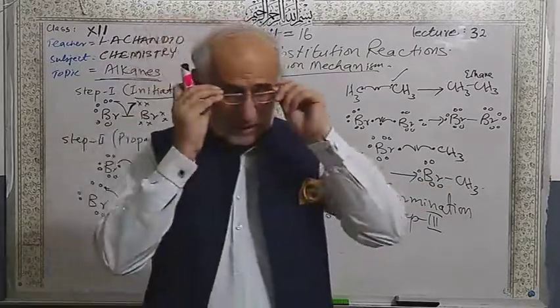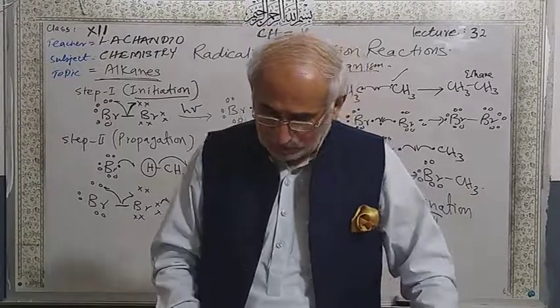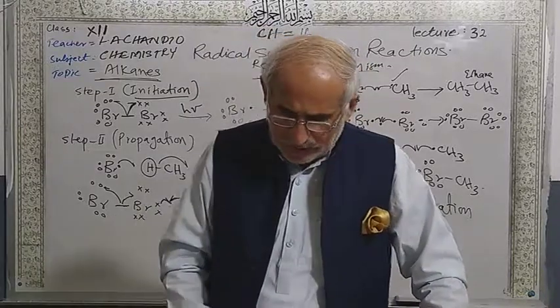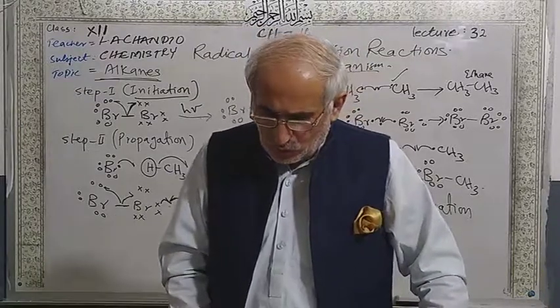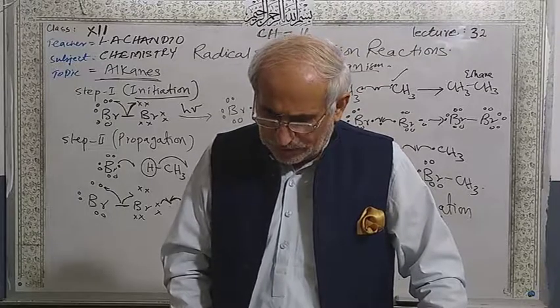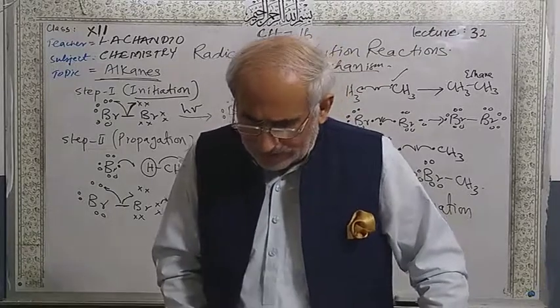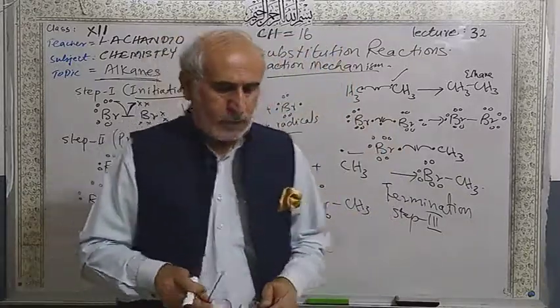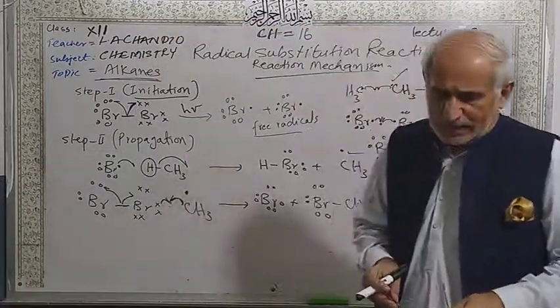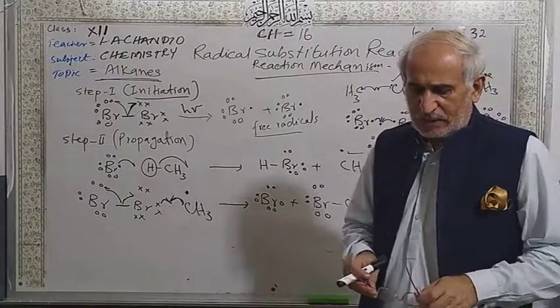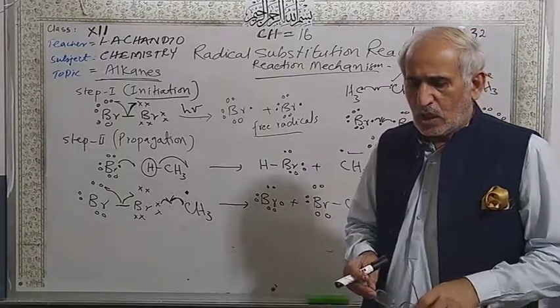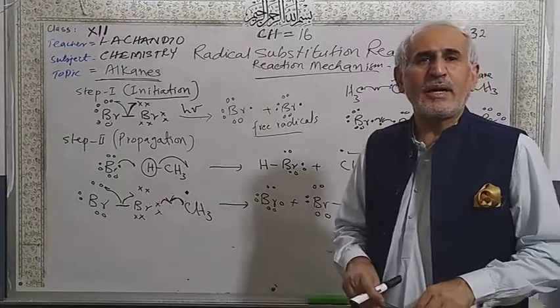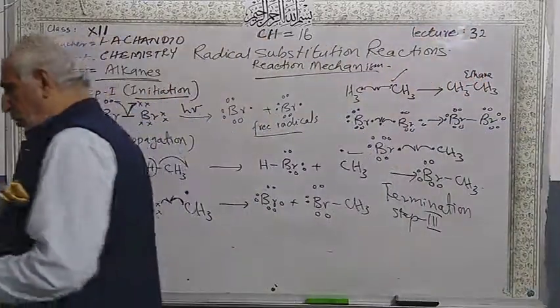This is the end, termination, with the product methyl bromide. These reactions remove radicals and do not propagate the cycle. Now this completes the reaction mechanism of the radical chain mechanism for the reaction of the methane and bromine molecule.